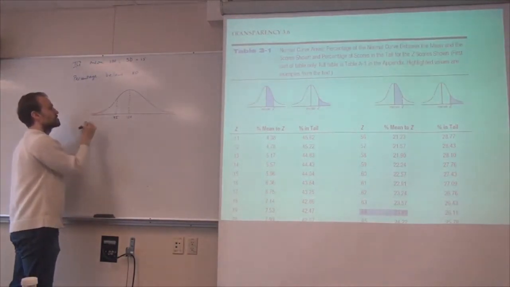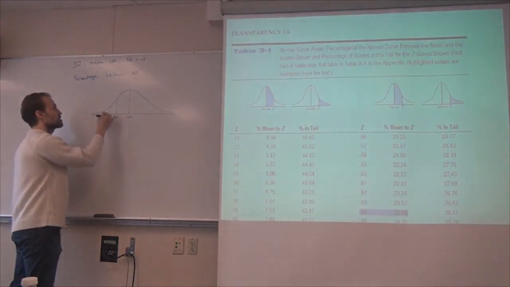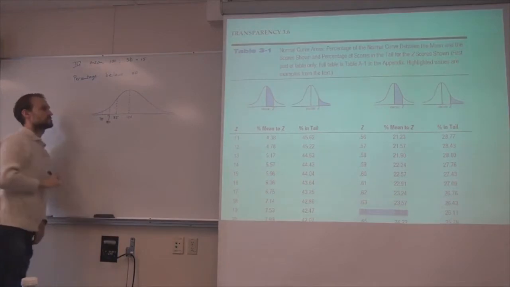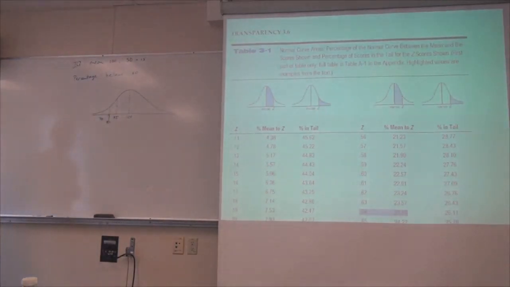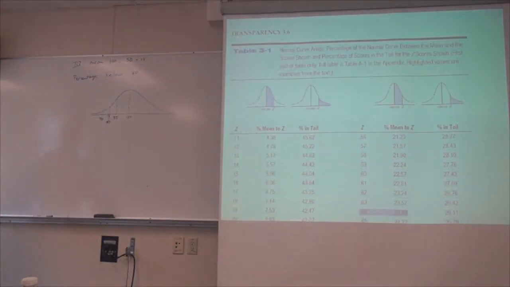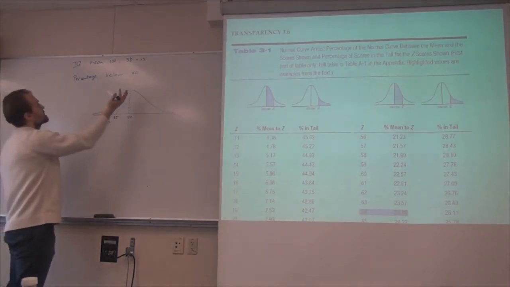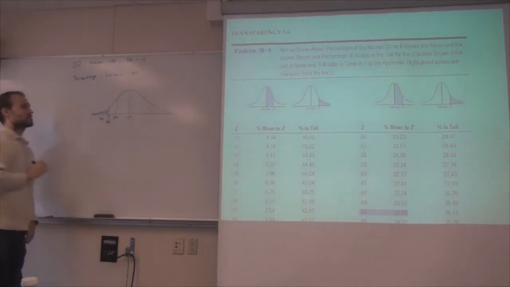Another one to the left will put me at 70. So my 80 is somewhere over here, just somewhere in between. I don't want to put it too close because then it looks bad. I'm looking for the percentage below that, so I'm looking for that region.